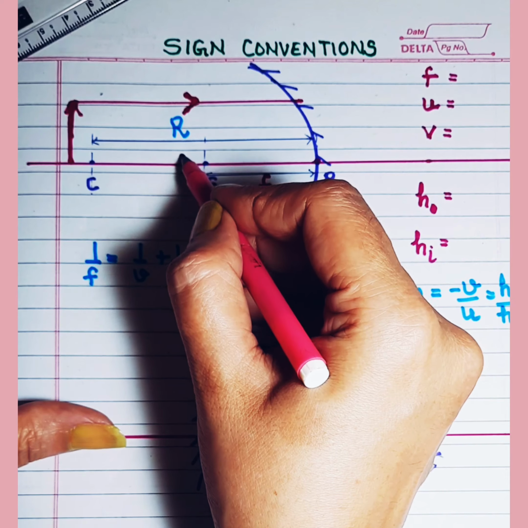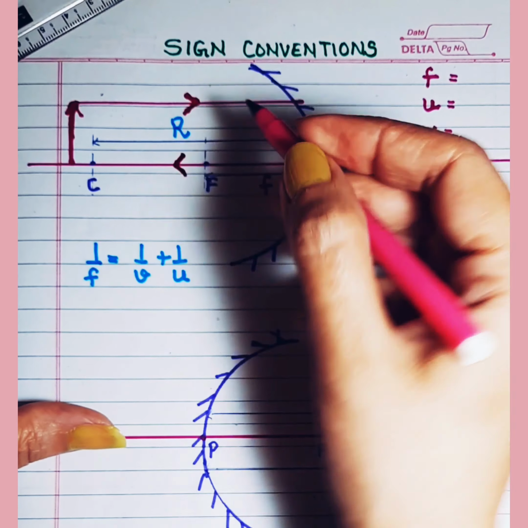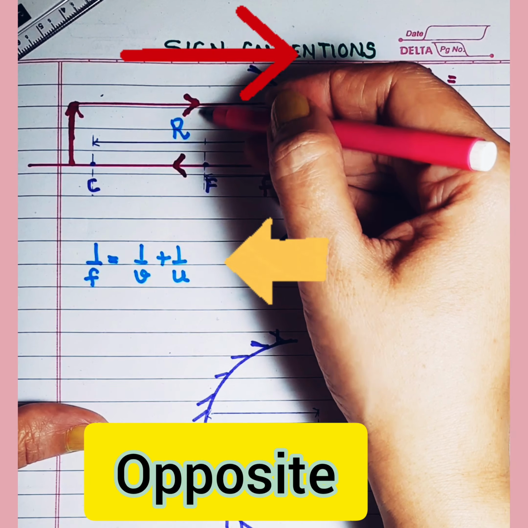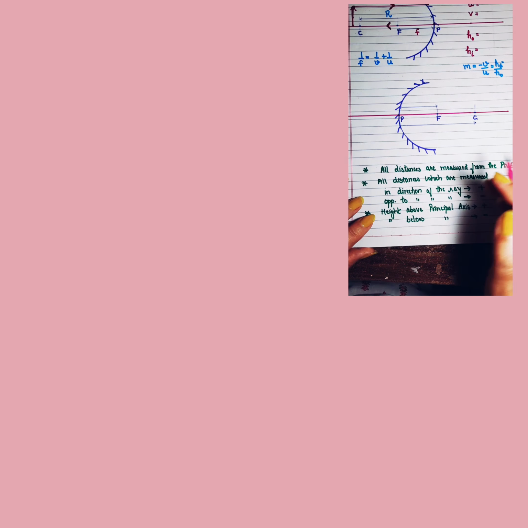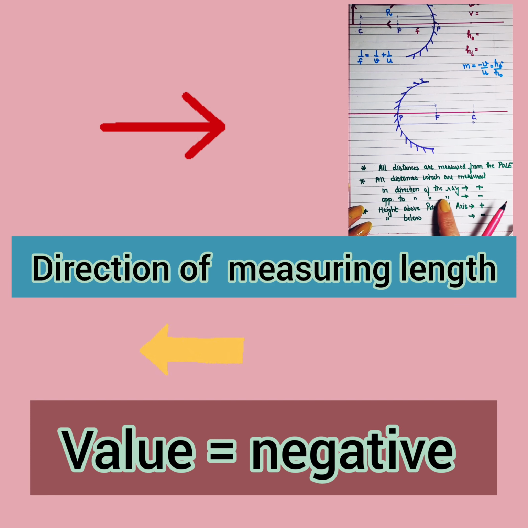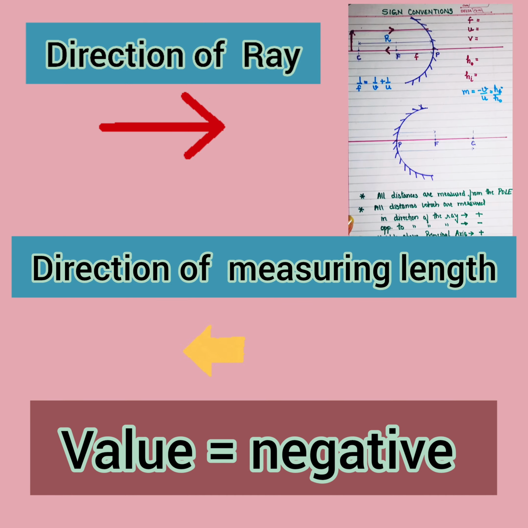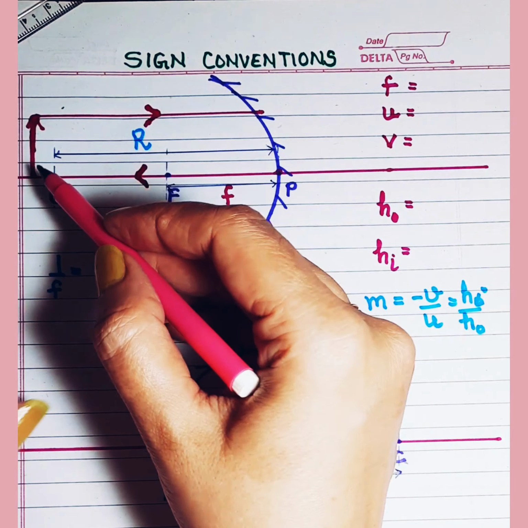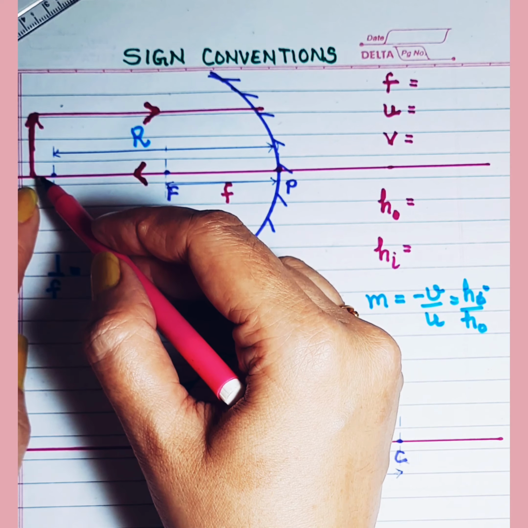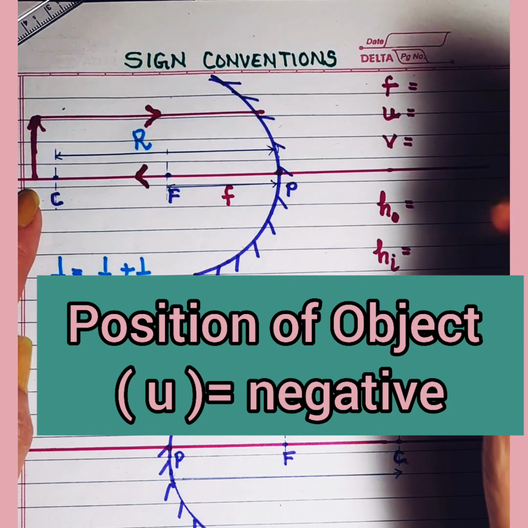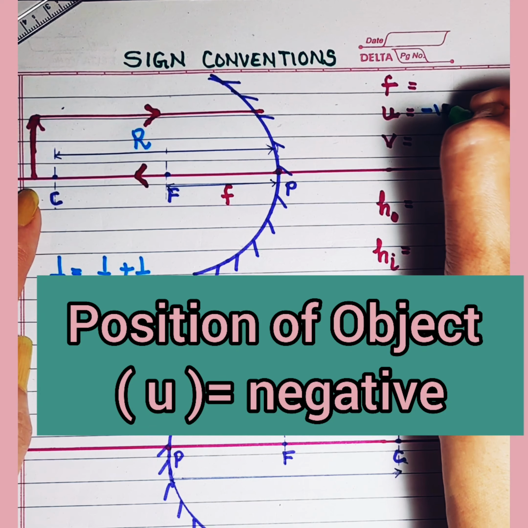So the direction of measuring the distance is opposite to the direction of the ray, and whenever distances are measured opposite to the direction of the ray, they will be taken as negative. So in this case, the position of the object will be taken as negative.